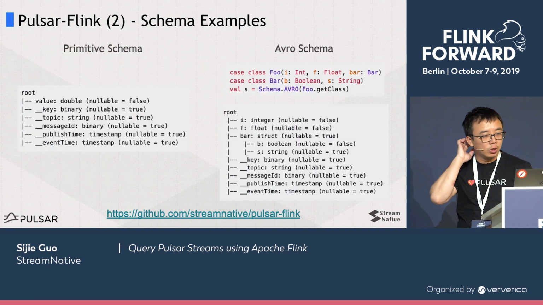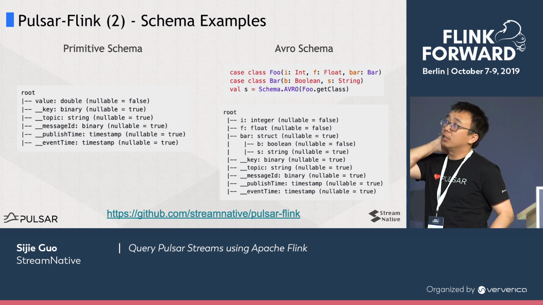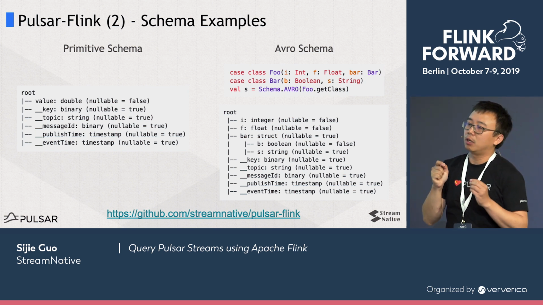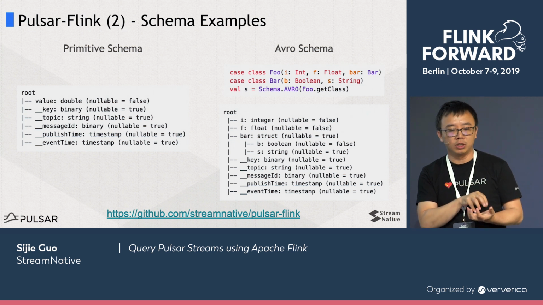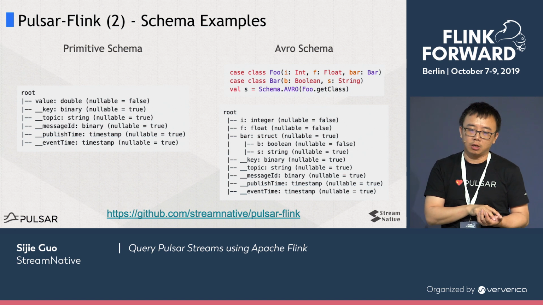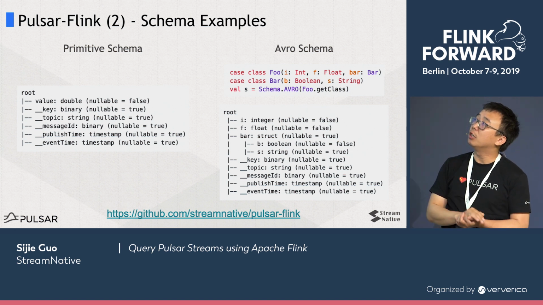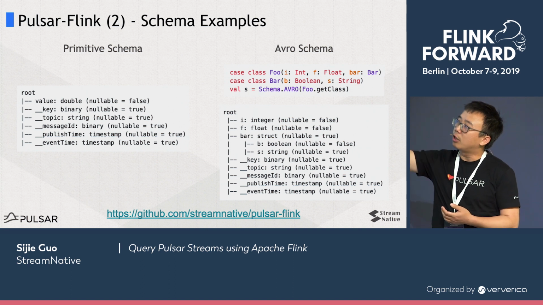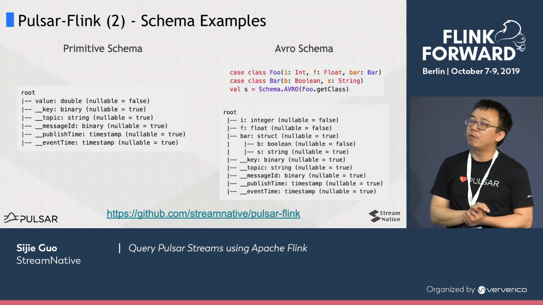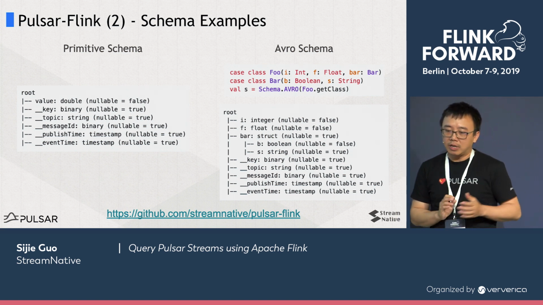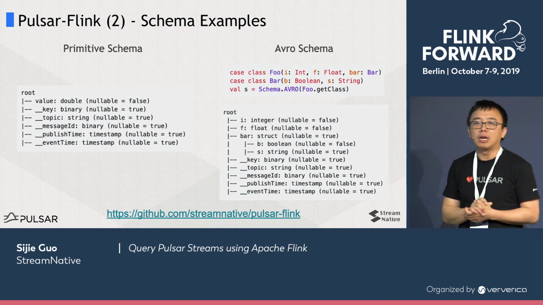Here are two quick examples. For a primitive schema, for example your message uses a double number as the schema, the Pulsar message is converted into a Flink row with a field called value, and key, topic, message ID, publish time, and event time are just metadata fields. The left side example is the Avro schema.